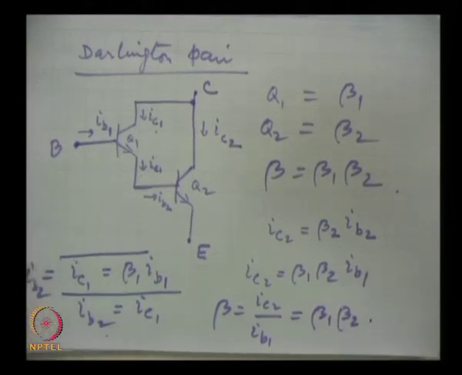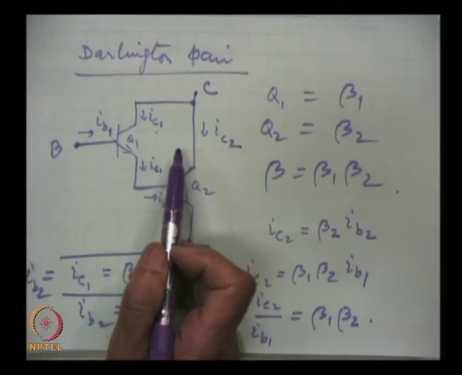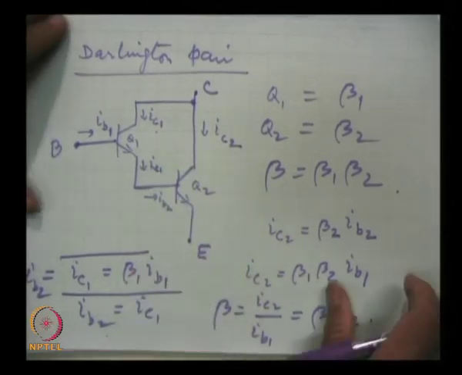This is a very useful connection, because from a single transistor many times the current gain is not very high, it is 100, 200, maximum 300-400, but this is the product. If we couple this way, we form a Darlington pair out of the two transistors, then gain will be very high.